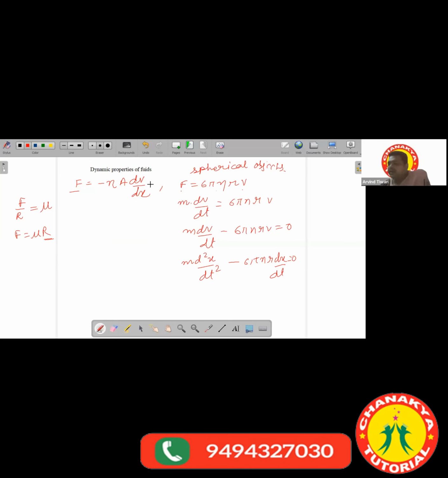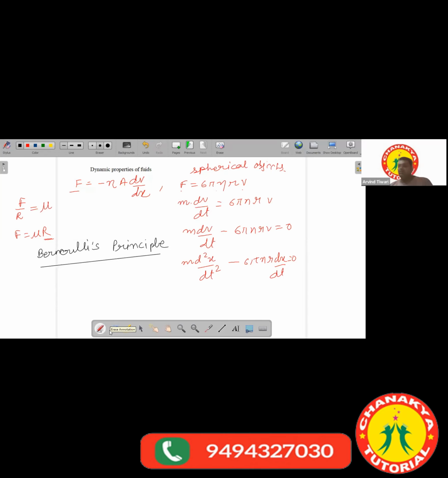Then in the dynamic properties, we have a very important concept, that is Bernoulli's principle. What does Bernoulli's principle tell us? We have these two very important things, Bernoulli's principle and the equation of continuity.